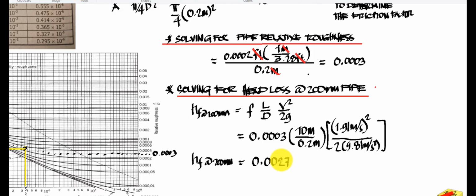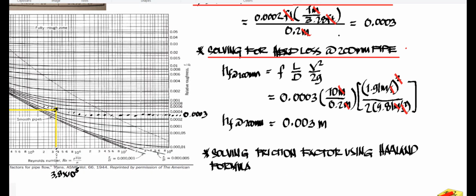This becomes now 0.0023. Let's round this value to 0.003. Now let's check the unit. This is squared and this will be squared, so these cancel out, leaving 1 meter. So we have the unit of meter.